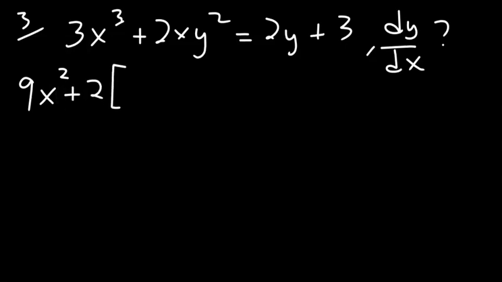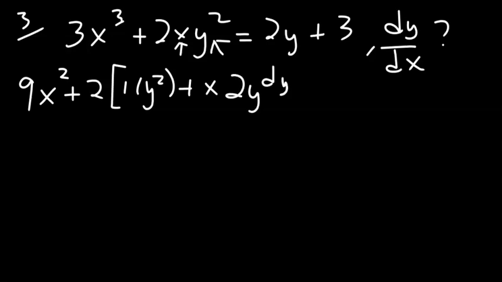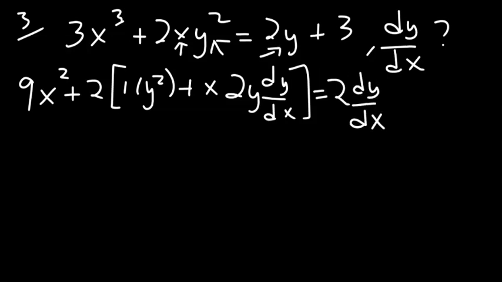Let's apply the product rule. Differentiate x, you get 1, and the y squared follows, plus write the x and differentiate y squared with respect to x, and that will be 2y dy/dx. The other side, differentiating 2y, is again just 2 dy/dx.